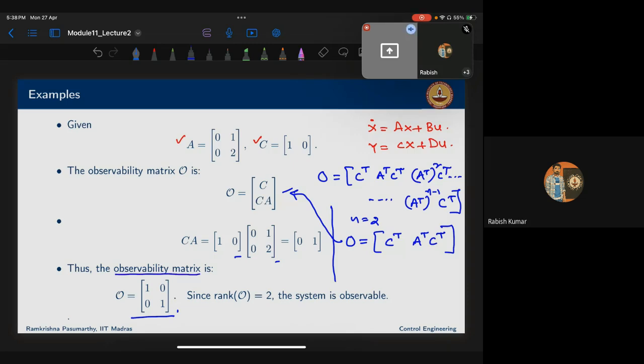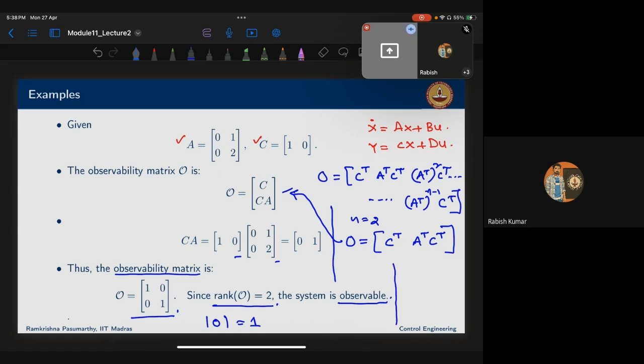Here the rank is 2 because the determinant of O is non-zero. Then the system is observable. Again, what is the meaning of observability? Follow the definition.